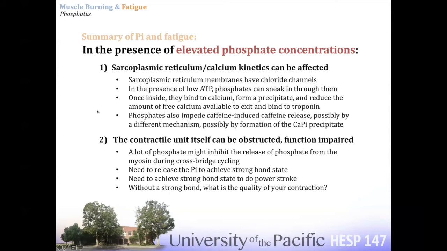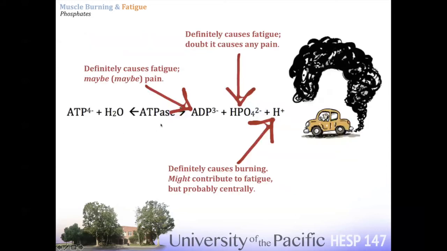So that's phosphates. So at the end of ATP hydrolysis, we have ADP, we have phosphates, we have a hydrogen ion. Hydrogen ion, definitely burning. Maybe fatigue, yeah, probably some fatigue. My hunch is that's going to be central. Not my absolute position that I'll never change my mind, but my hunch is it's a lot of centrally mediated fatigue.